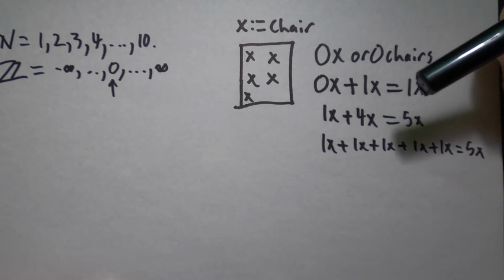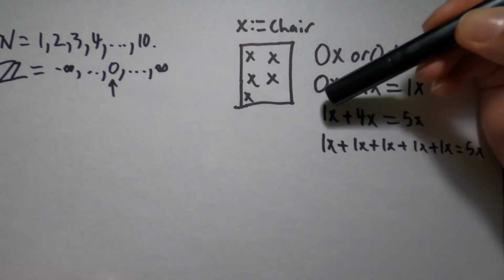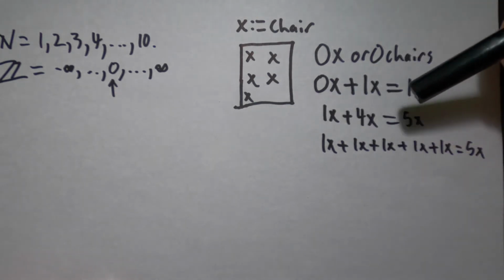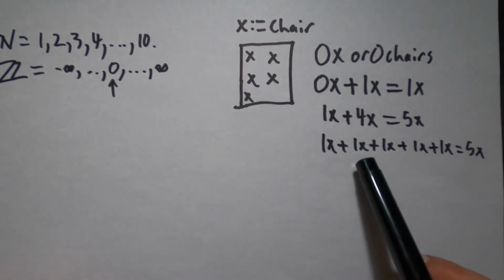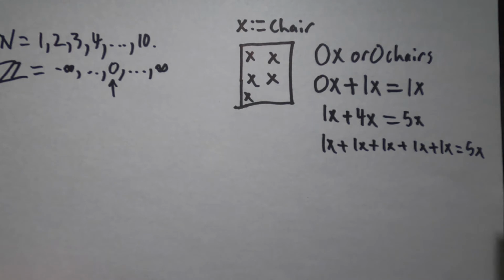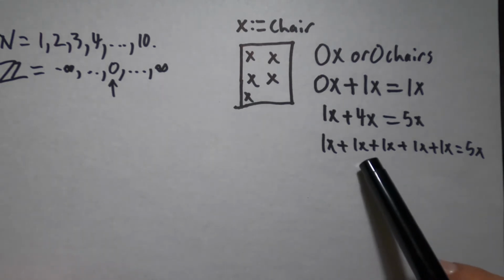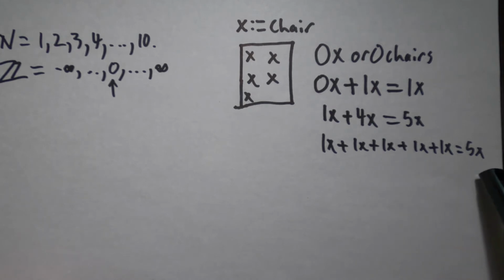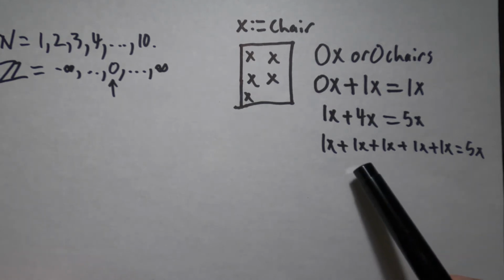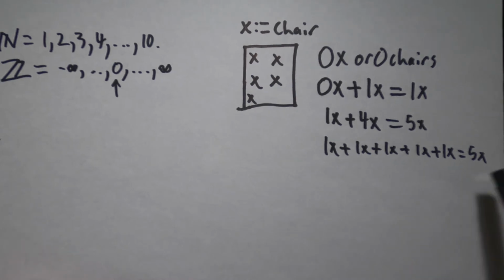The sum of 4 and 1 is 5. Or we can say the sum of 1, 1, 1, 1, 1 is equal to 5. Or we can say 1 added to 1, added to another 1, added to another 1, added to another 1 is 5. Or 1 plus 1 plus 1 plus 1 plus 1 is 5.